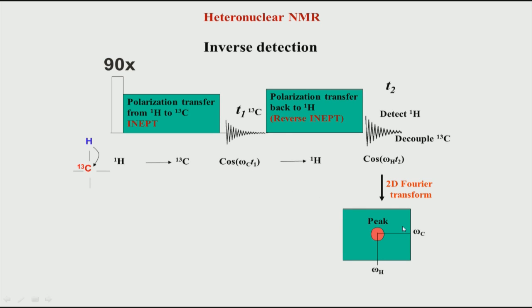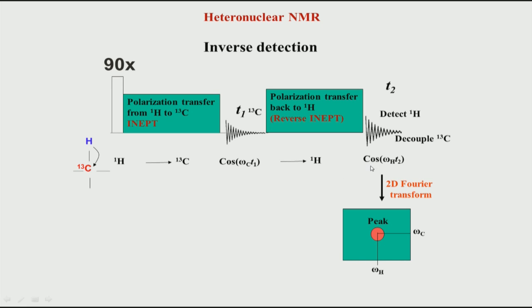So, now I will get omega c in the y axis, which is because during T1 evolves carbon, and the F2 dimension is now basically coming from proton. Okay. So, you see because of this factor here, the second dimension is omega h because during T2 omega h evolves.